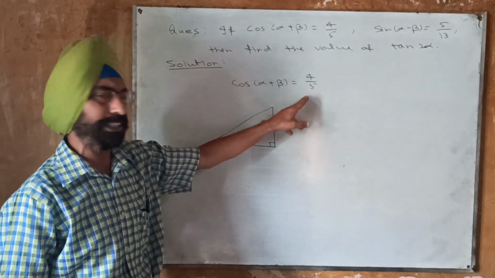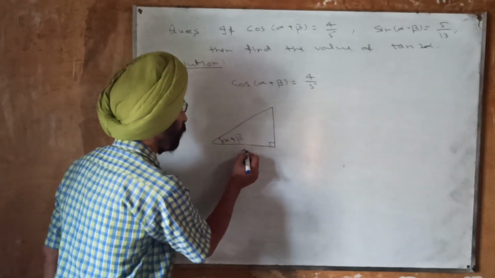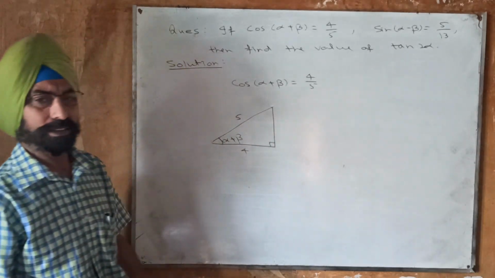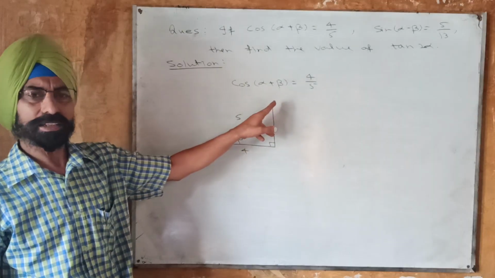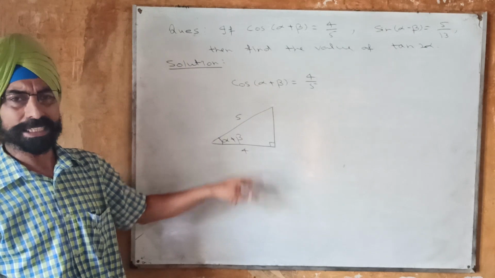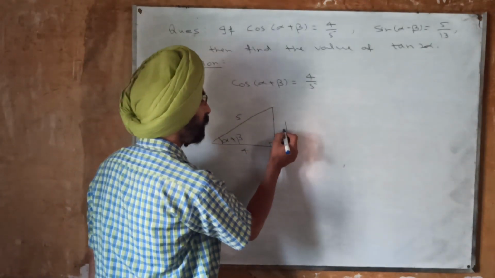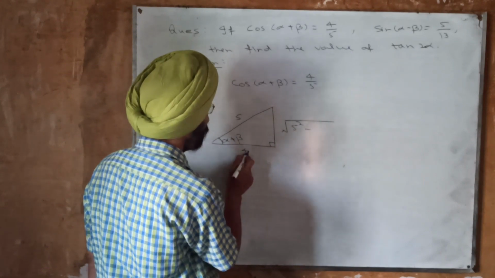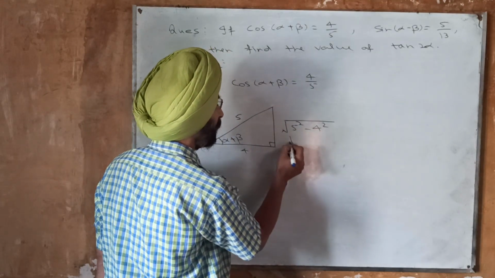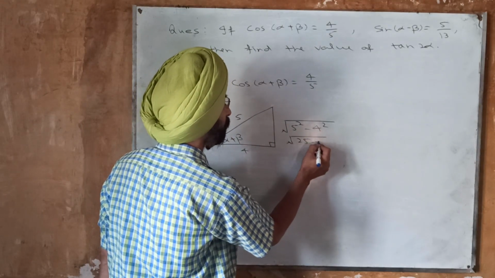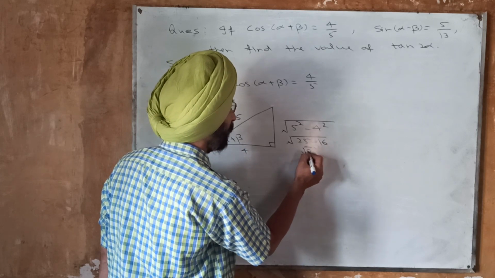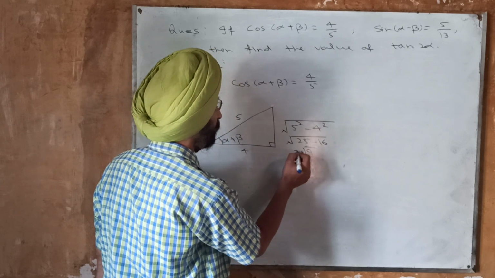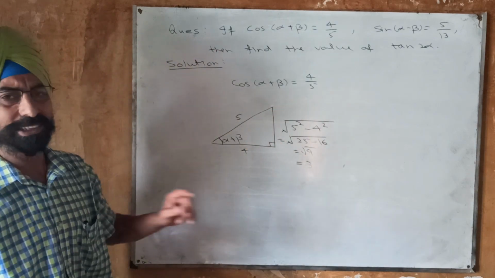So this is base, this is your hypotenuse, so this is 4 and this is 5. It is a right angle triangle, so you can apply the Pythagoras theorem to find the third side. The third side is the square root of hypotenuse square minus base square, so it is under root 25 minus 16, under root 9. So it is 3. The third side is 3.